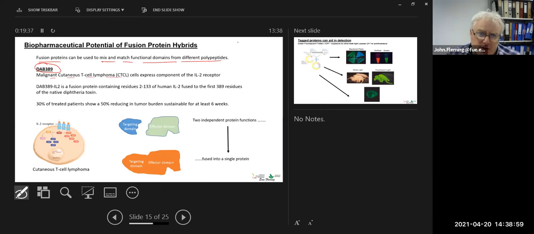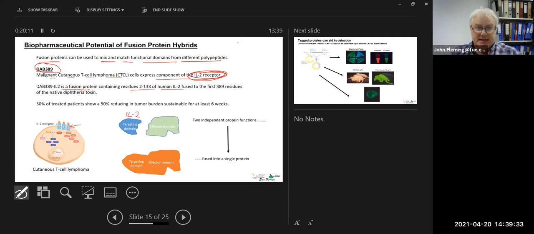So these particular cancer cells express a component of the IL-2 receptor. So this is a receptor, which is shown in blue here, that's expressed at higher levels on the surface of these cancer cells. What this drug does is it's a fusion protein that brings together amino acid residues 2 to 133 of human IL-2.